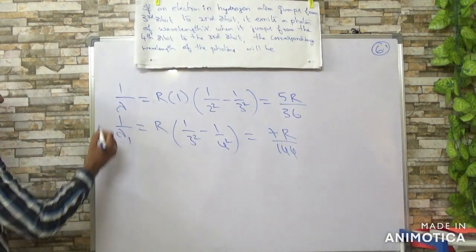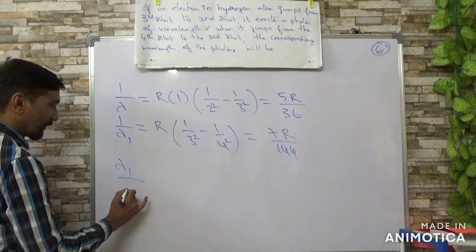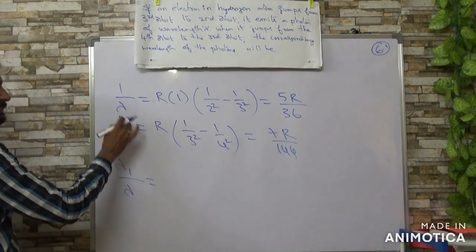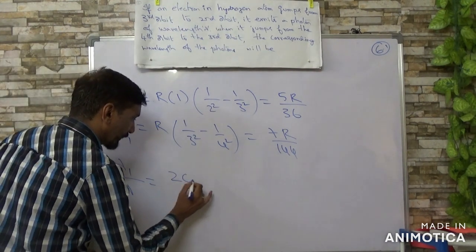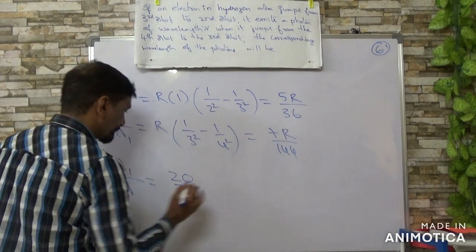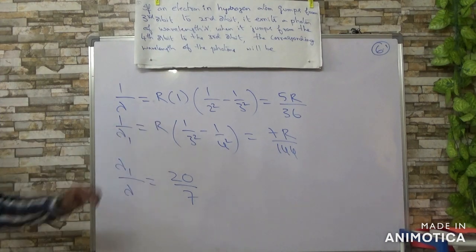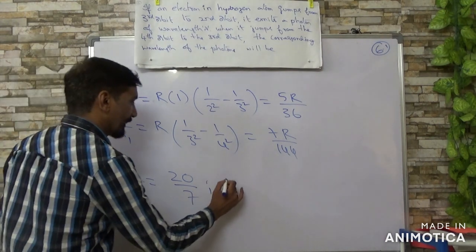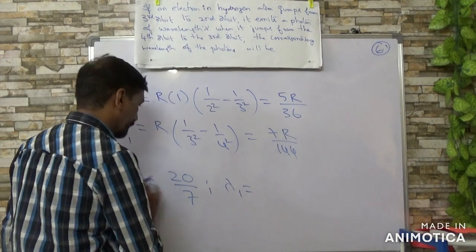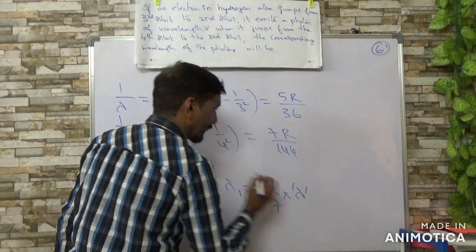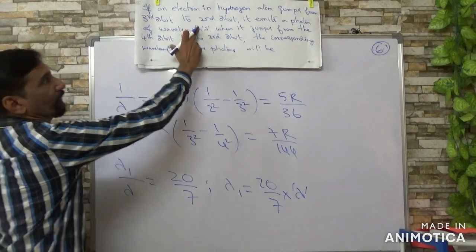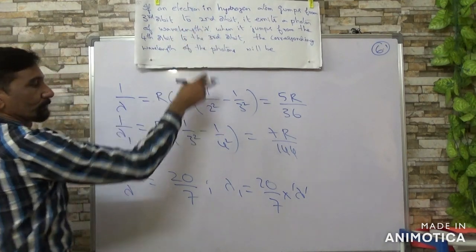Okay, when you further simplify lambda 1 by lambda 2, this by this, you get 20 by 7, with R cancelled. So the wavelength in this case is 20 by 7 into the initial wavelength given, lambda.